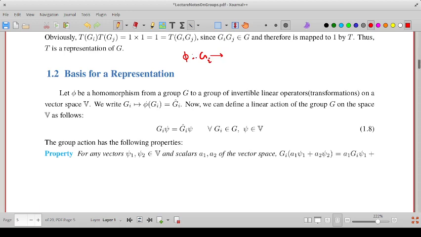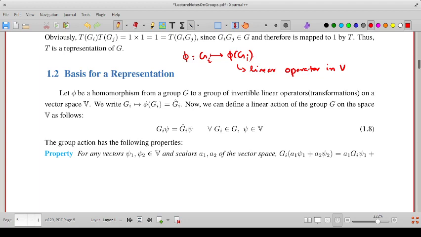If Gi is an element of the group G, then phi maps it to phi of Gi, where phi of Gi is a linear operator in V. So that means under phi we can associate an invertible linear operator with every group element Gi.